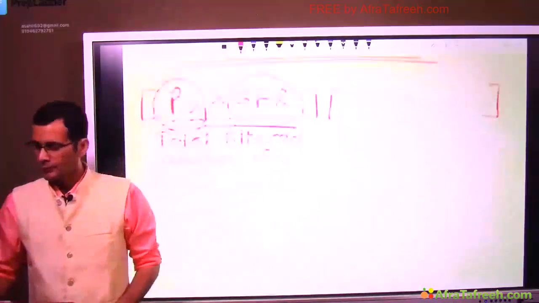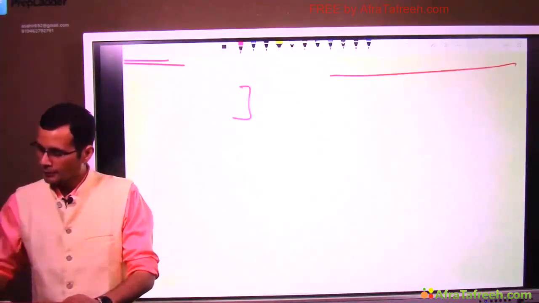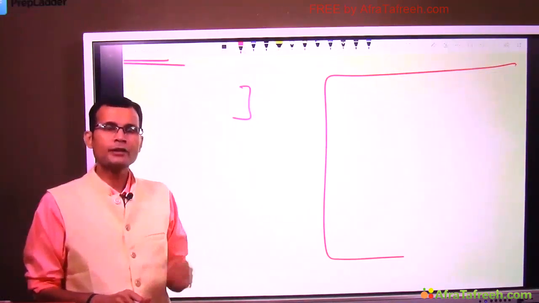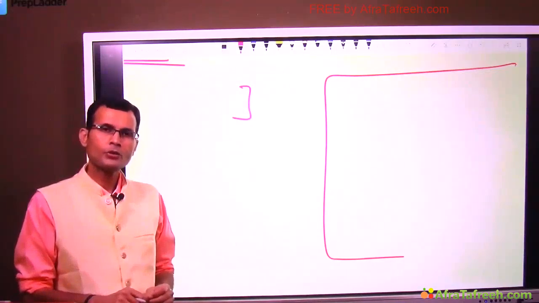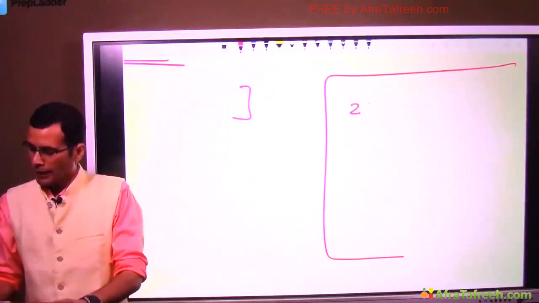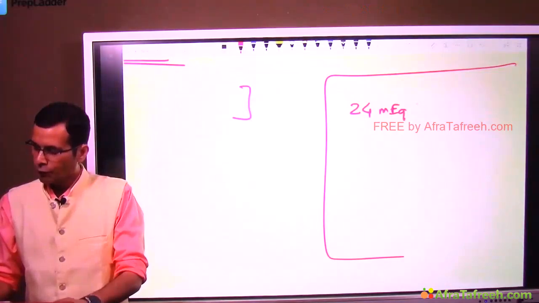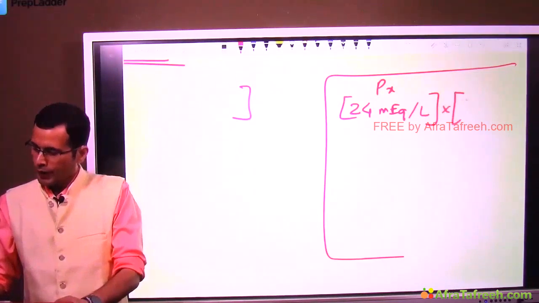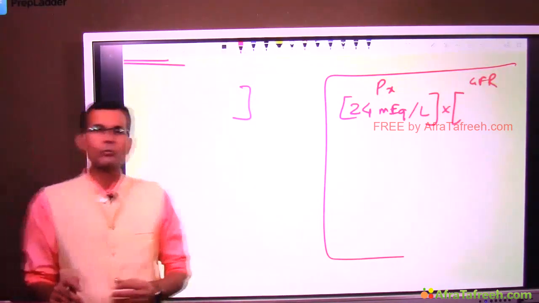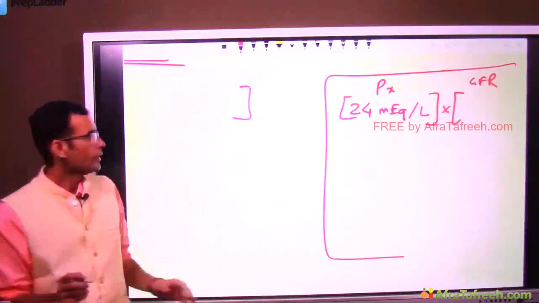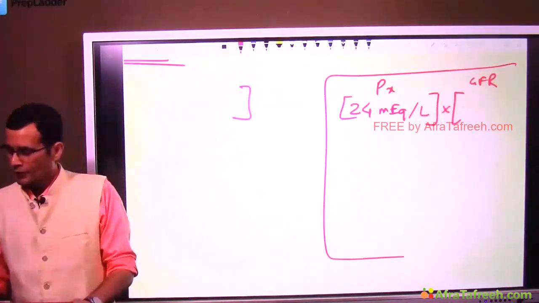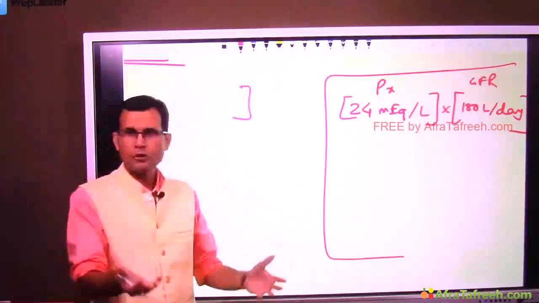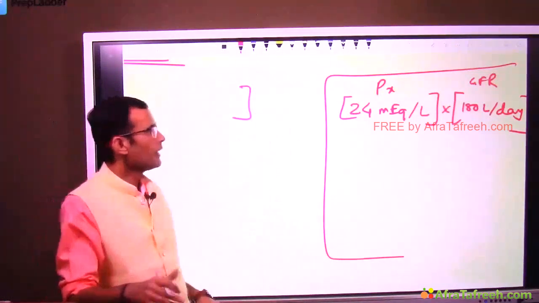I'll give you an example. Just an example. How much amount of bicarbonate gets filtered every day at the glomerulus? Plasma bicarbonate concentration is 24 milliequivalents per liter. That's the plasma concentration. And the GFR is 125 ml per minute. That is, we will have to take it into liters: 180 liters per day. That's the GFR. Yeah, we saw that. 125 ml per minute, same as 180 liters per day.